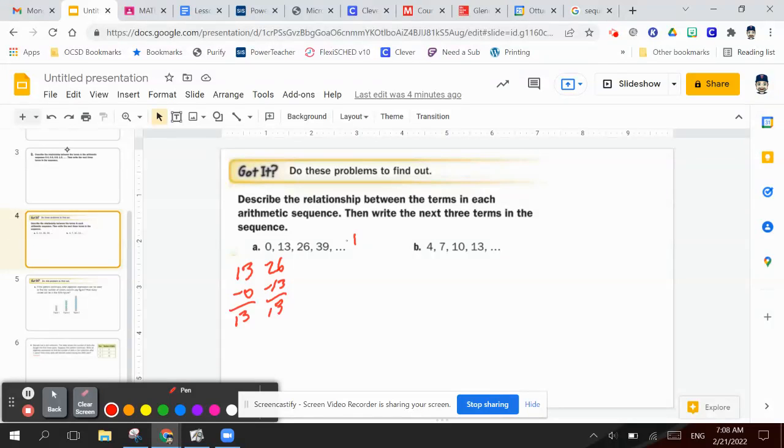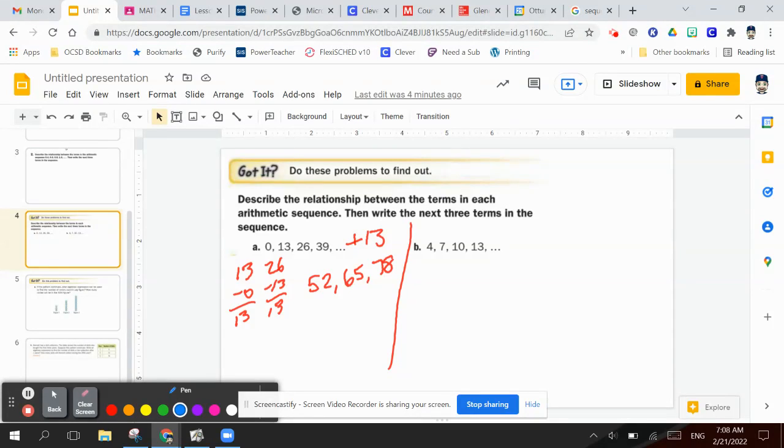So my relationship is plus 13. My numbers are getting larger. So the next 3 numbers would be 39 plus 13, which would be 52. 52 plus 13 is 65. And 65 plus 13, which is 78.